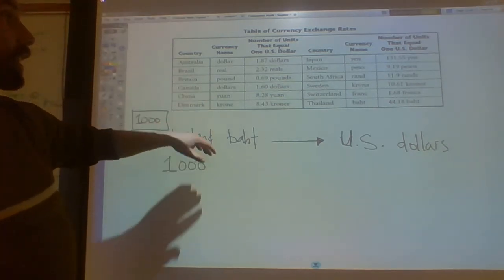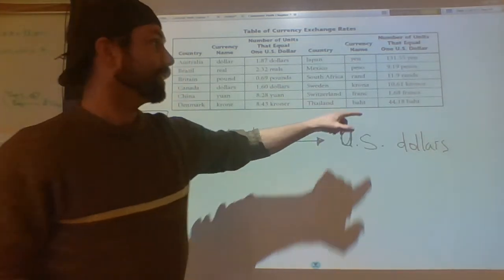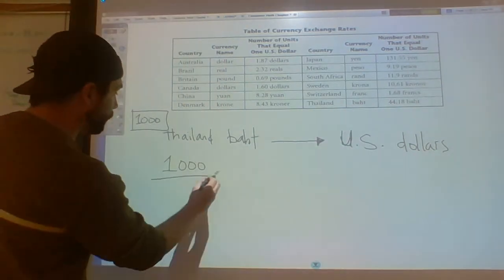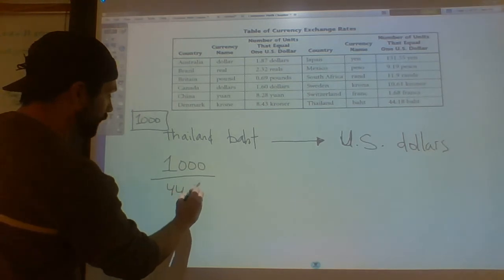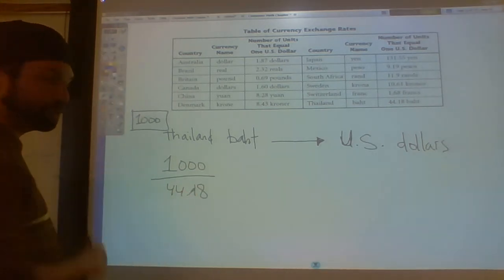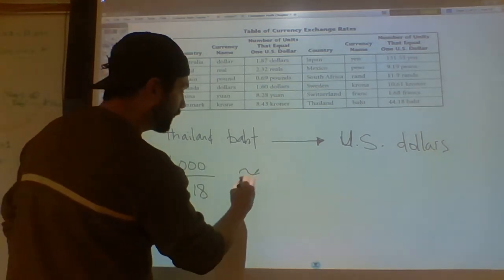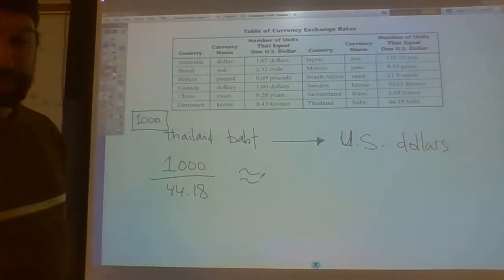Looking at the exchange table, here's Thailand, the baht, 44.18 baht. That's our rate. So for every 44.18 baht we have, we are going to get 1 American dollar.